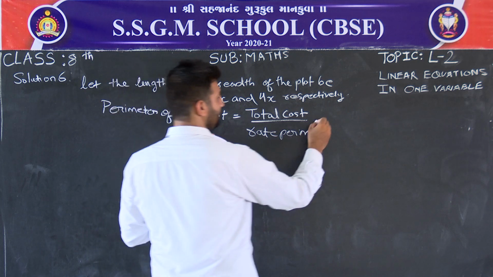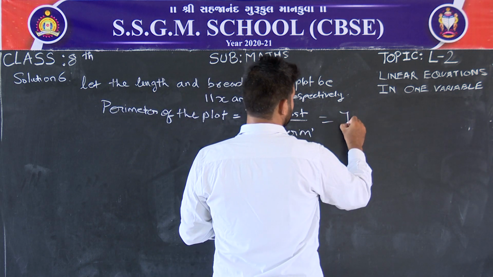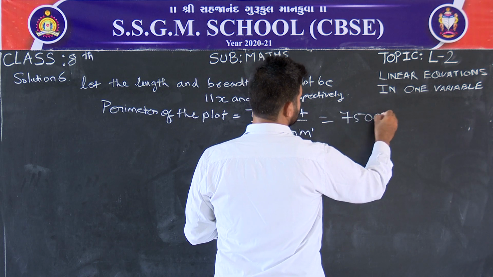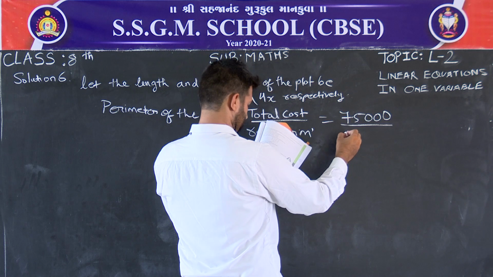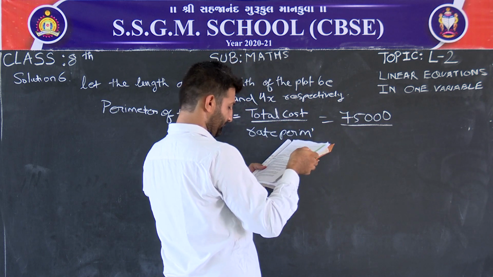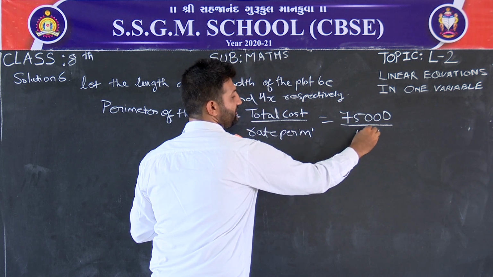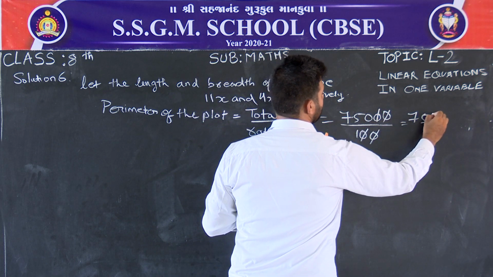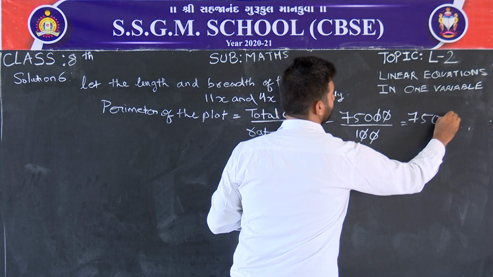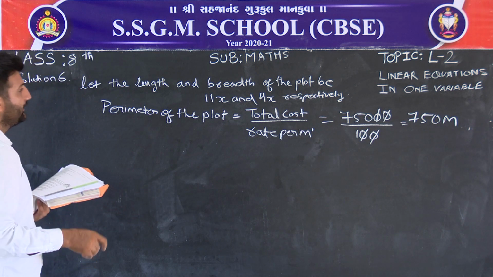That is, total cost is given as rupees 75,000 and rate per meter is rupees 100. So the zeros will be cancelled. It will be 750 meter.